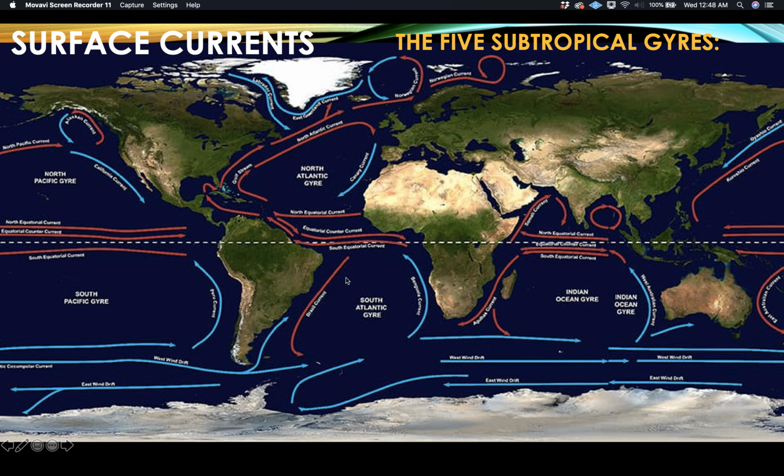And we also have the South Atlantic and the Indian Ocean gyre. So those are the 5 main gyres, and make sure you know all of those 5 for your next exam. But you can see there are a couple minor ones here, right? You have a little mini gyre formed by the Alaskan current, the Norwegian current. So these are the major ones that transport the most water here.